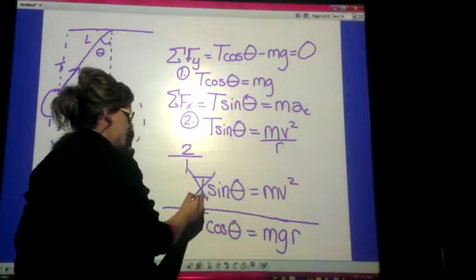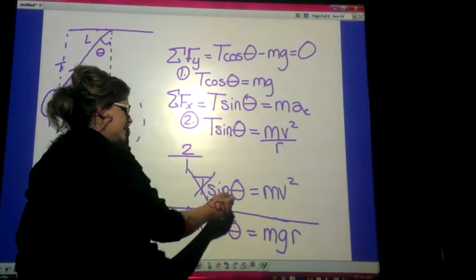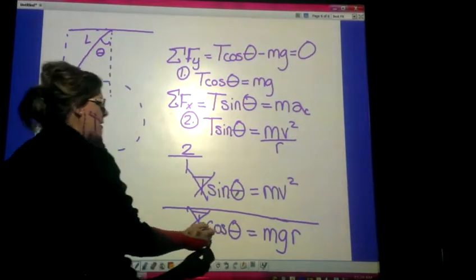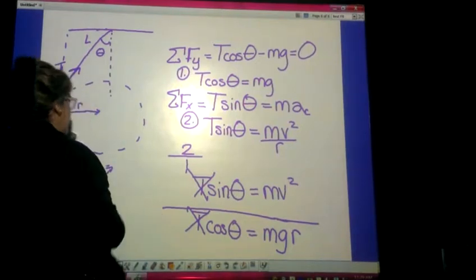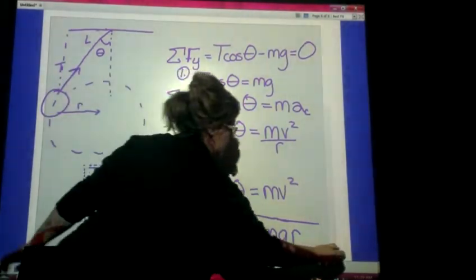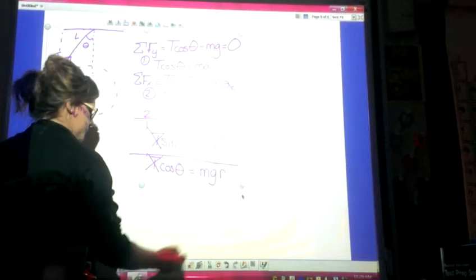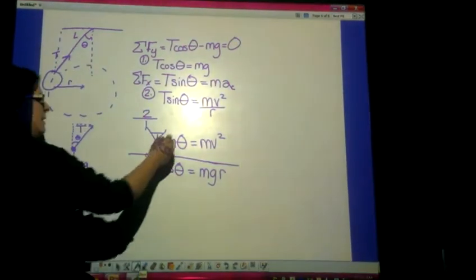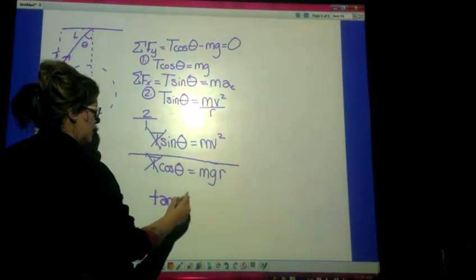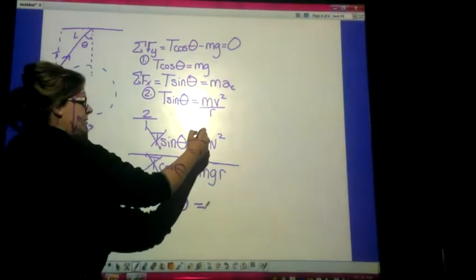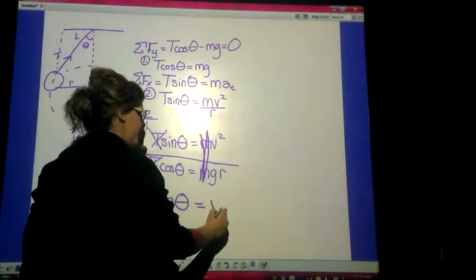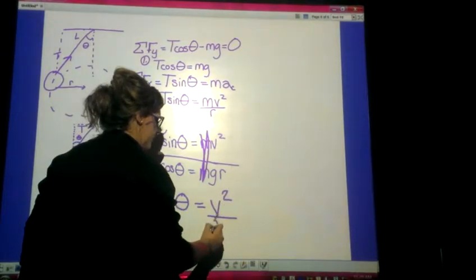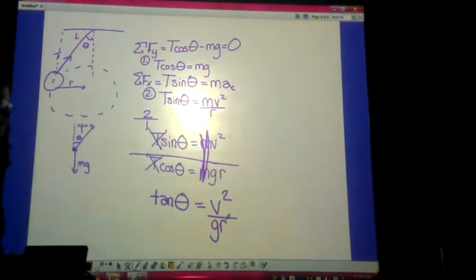Tension cancels. Sine theta over cosine theta now becomes tan theta. So now I have tan theta here, and that equals, masses are now gone, they cancel, so then I'm left with v squared over gr.